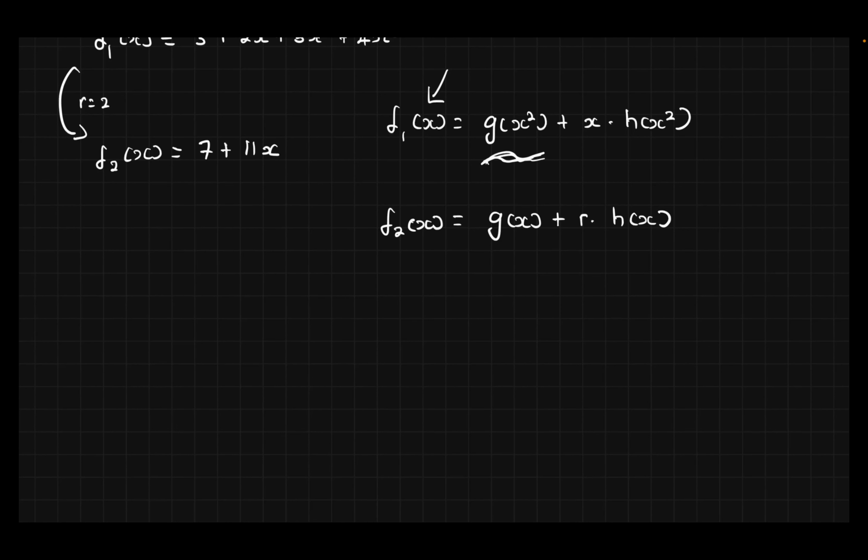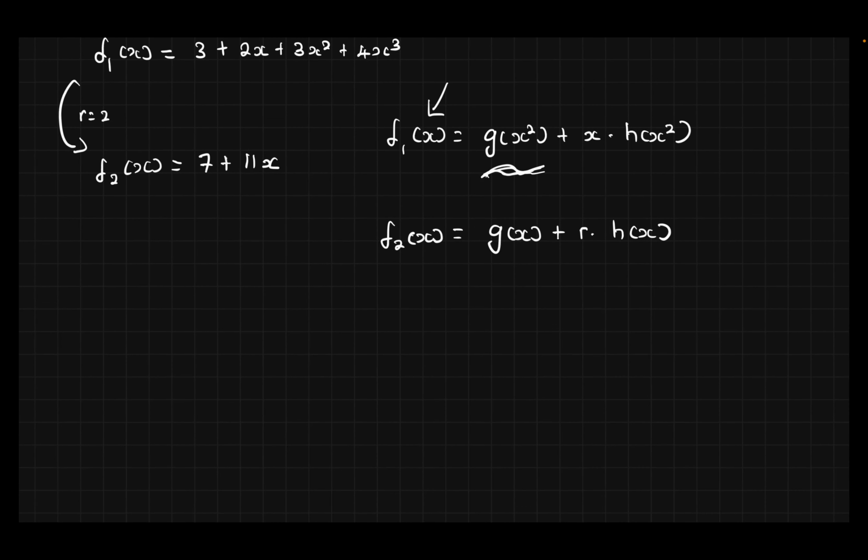So, is there a way to evaluate f1 of x or do some kind of manipulation on f1 of x so that when we're done, we'll only be left with the terms that have even powers? How do you get rid of odd powers? With maths.